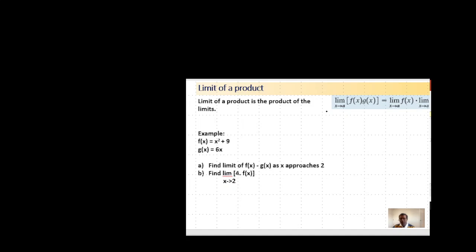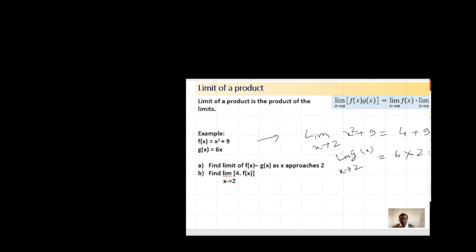So the limit of the product is the product of the limits. Same function we considered on the previous slide. So the limit of x approaching 2 of x square plus 9 is going to be 4 plus 9, 13, and g(x), if we need to find the limit as x approaches 2, is 6 times 2, which is equal to 12.